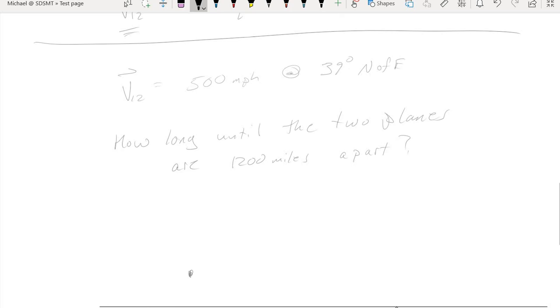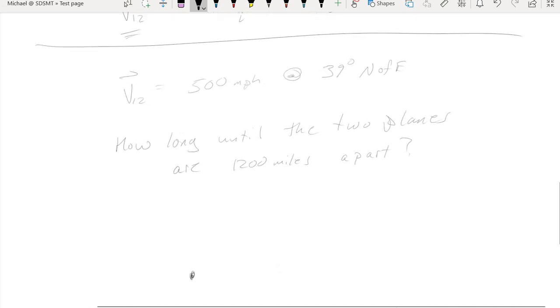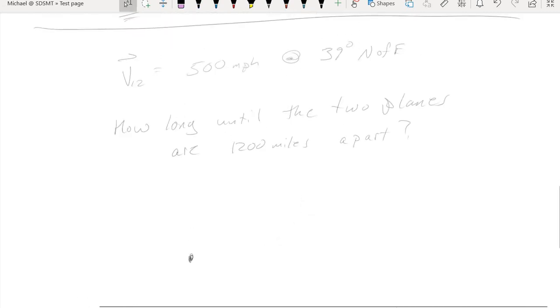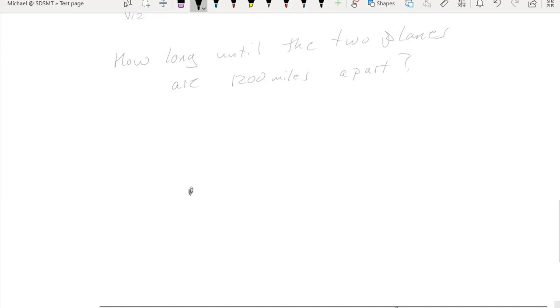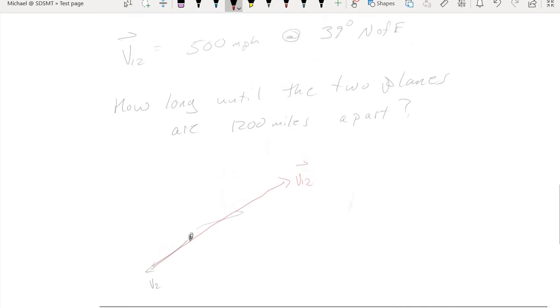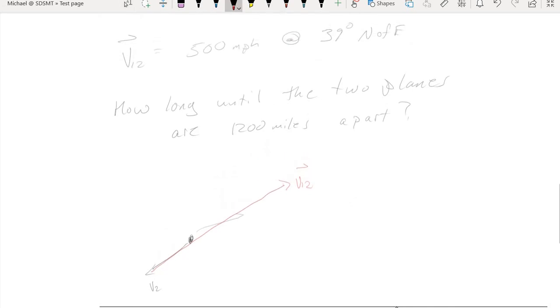So we know that plane, or I think I was calling them plane A and B, I'm sorry, plane 1 and 2. We know that plane 2 is headed off this way. We know that plane 1 is sort of headed off this way. But as the 2 pull away from each other, the relative velocity between the 2 is fixed.